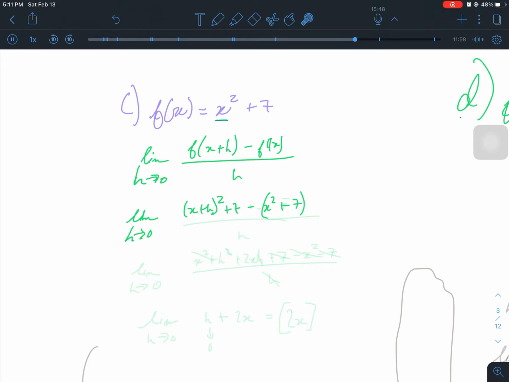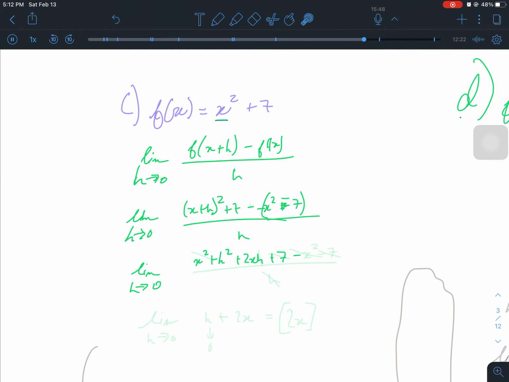Plus 7 minus x squared plus 7. Right, let's distribute the negative. So negative x squared, and then negative 7. All that over h. Limit h approaches 0. x squared plus h squared plus 2xh using the FOIL method.